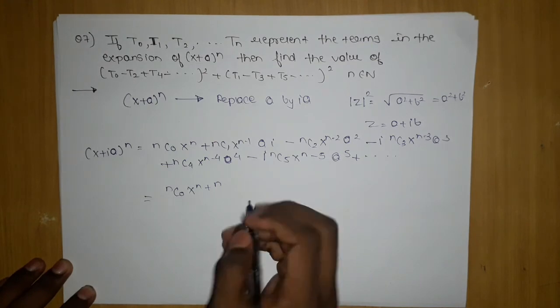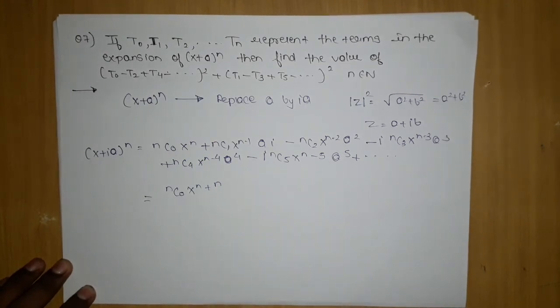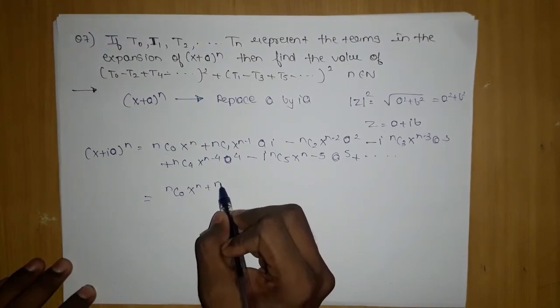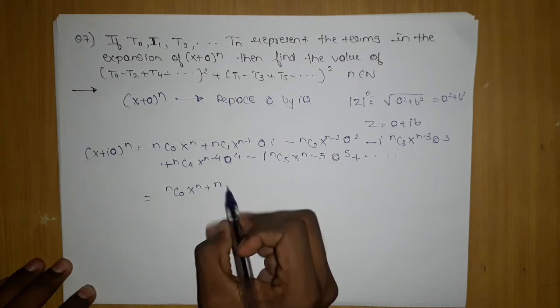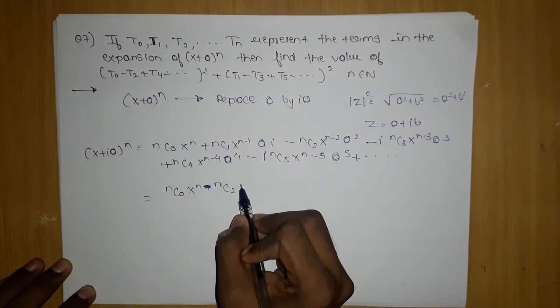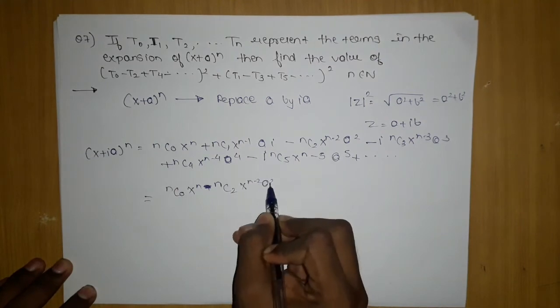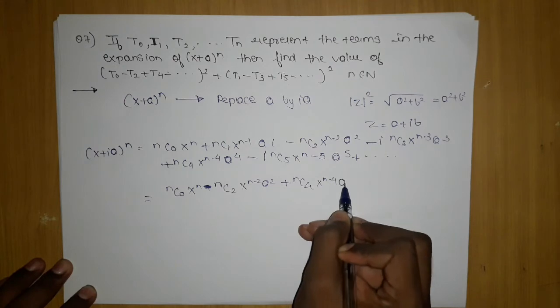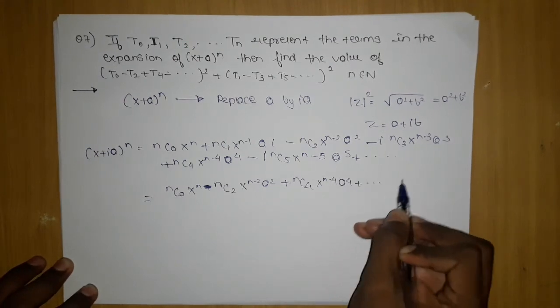Let's try to first arrange them in proper manner. So nC0 x power n, then negative sign will be there, nC2 x power n minus 2 a power 2, then positive nC4 x power n minus 4 a power 4, and this will go on.